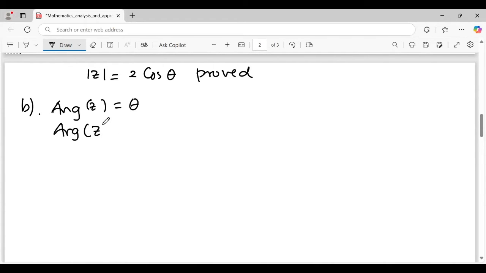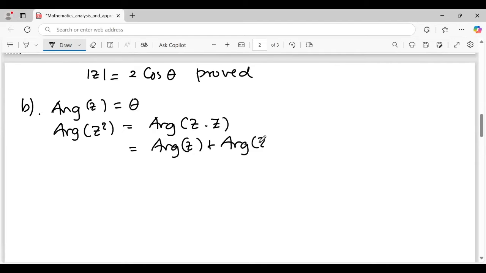Argument z squared equals argument of z times z, or argument z plus argument z, or 2 argument z.